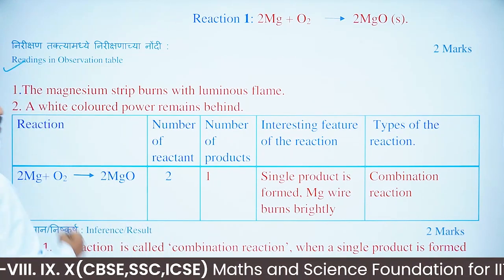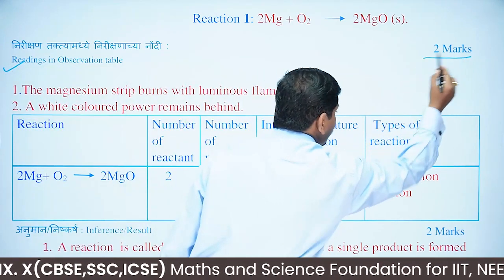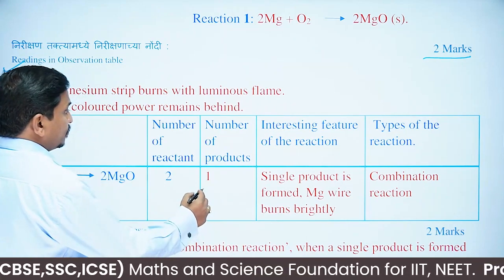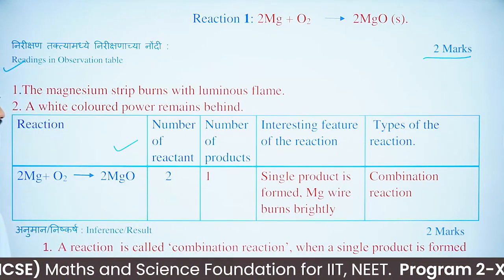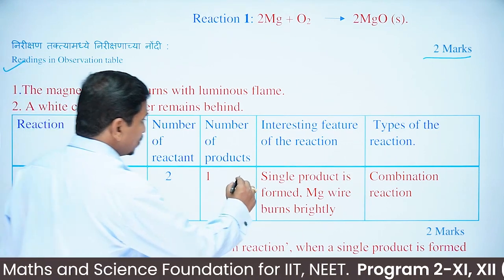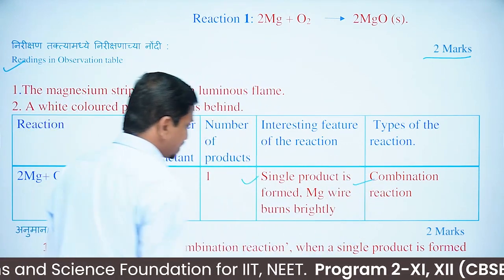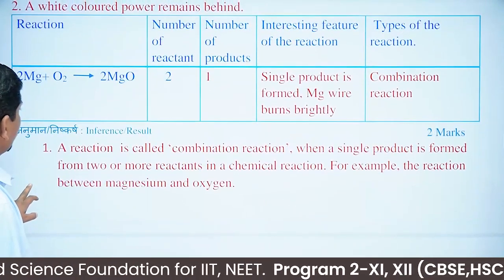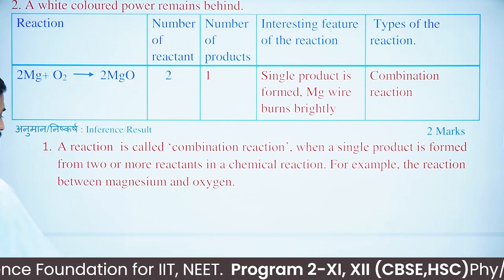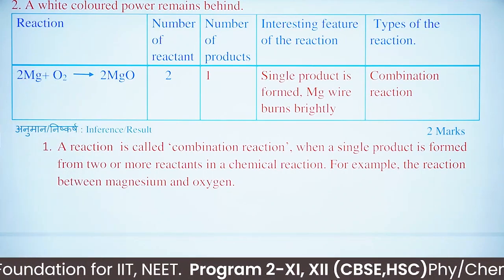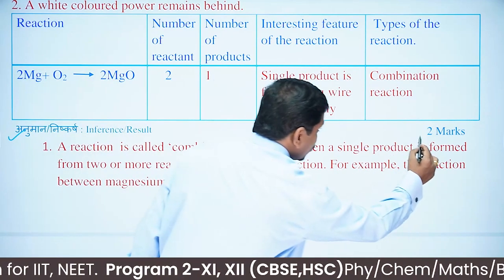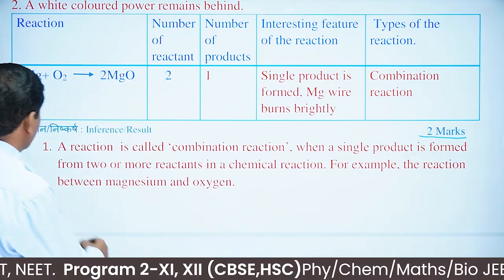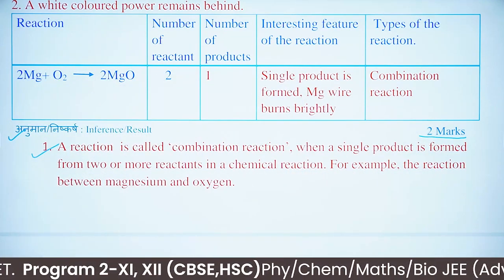For observation table, you will get 2 marks. For making the observation table, you will get 1 mark and 1 mark for filling any 2 blanks. For conclusion, you will get 2 marks. For writing this point, you will get 2 marks.